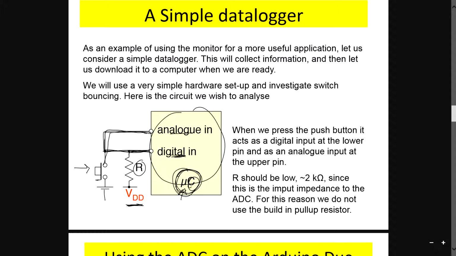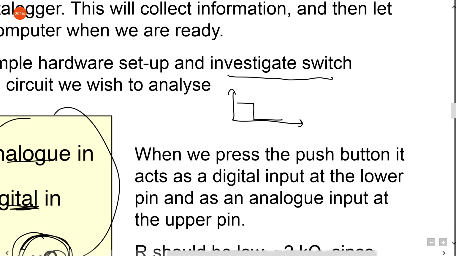so you connect your button to an analog and a digital, and then you compare how it actually works, because we are looking into investigating the switch bouncing. If you still remember your switch bouncing, normally when you press the button, you go like this, but due to realistic effects, you may have certain bouncing that may distort your reading of the button, or for some reason sometimes it spikes up and then it may come like that.